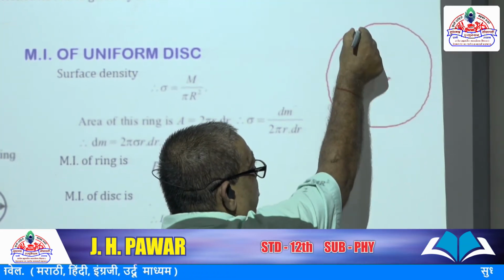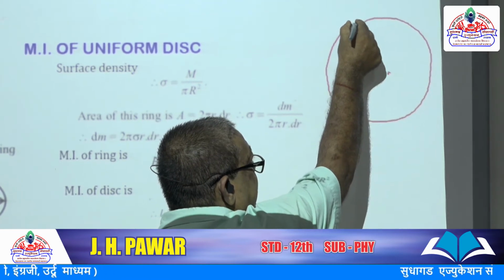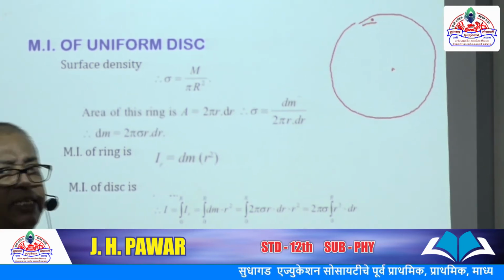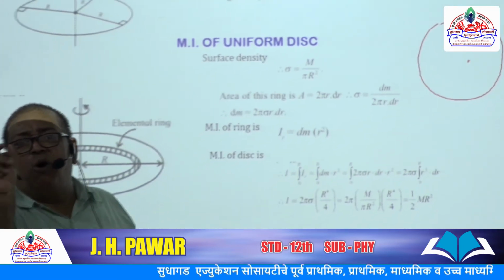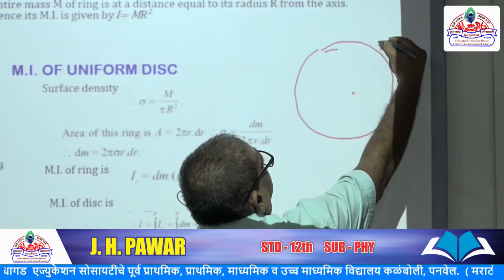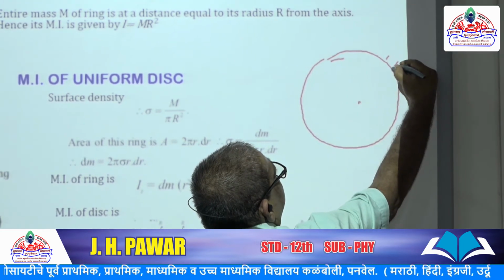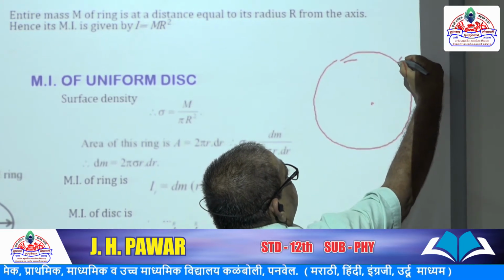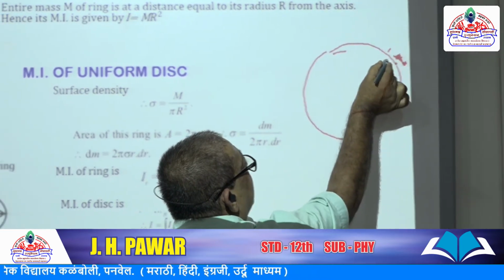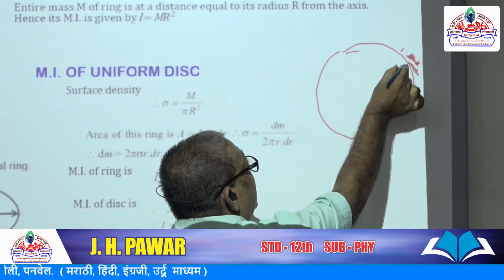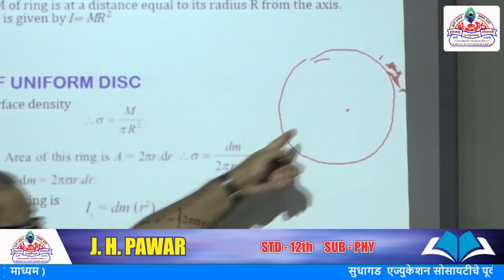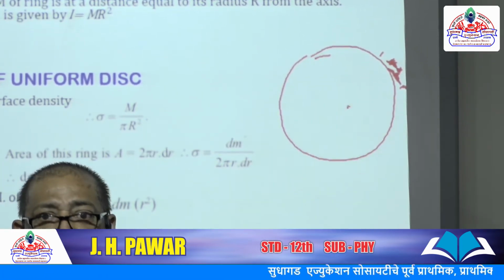Look here, let us consider any one small element of the ring, whose mass is dm, and its perpendicular distance from the axis of rotation is r.